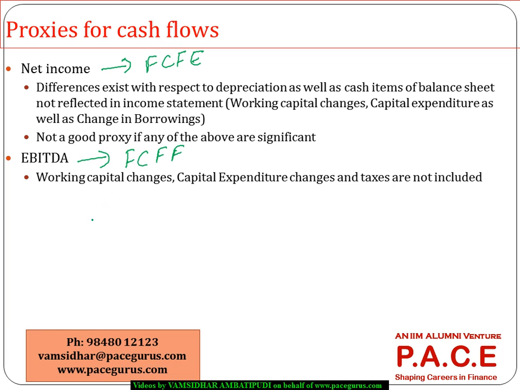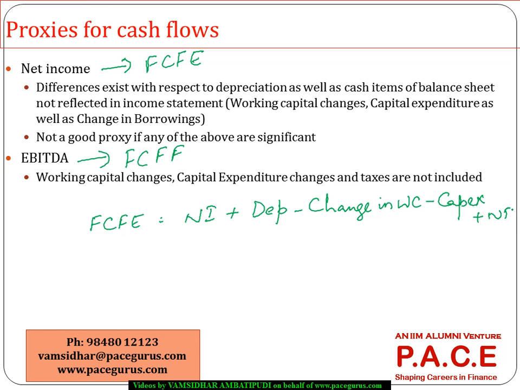Now, there is nothing much to explain here, because we know the free cash flow to equity is net income plus depreciation minus change in working capital minus capital expenditure plus net borrowing.